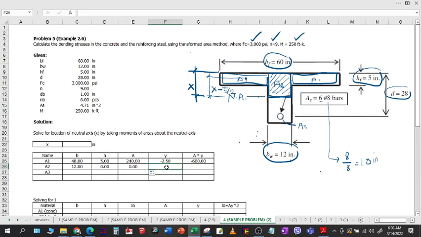Then the y is simply equal to x over 2 because the centroid is located here. So, x over 2. And for ay, you can drag this formula.